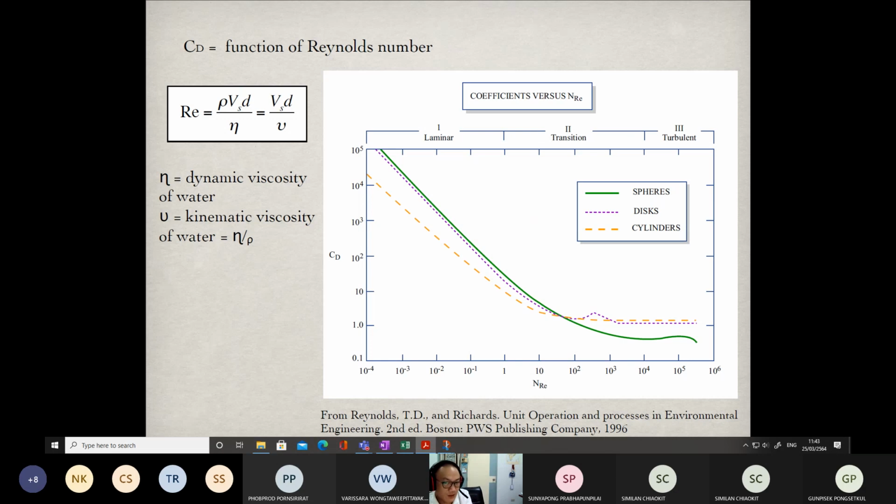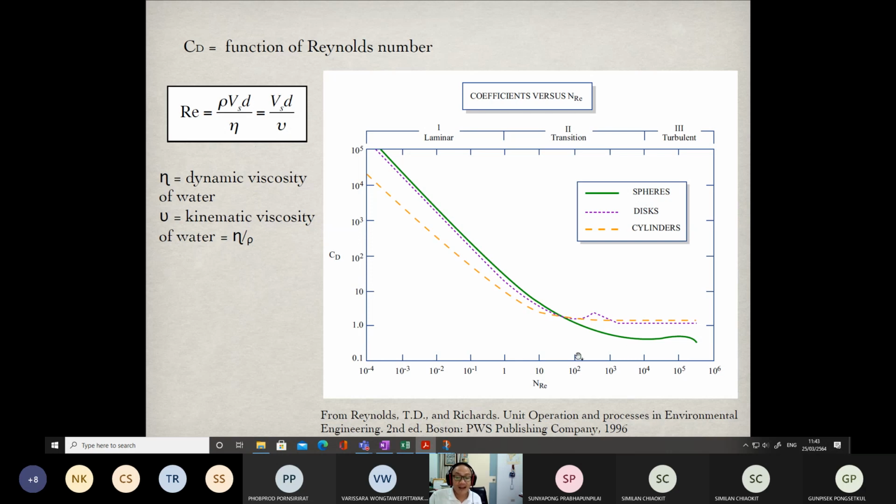flow pattern. So for laminar flow, as the Reynolds number increases, the coefficient of drag will decrease. But for turbulence, just look at the green line, the spherical shapes.